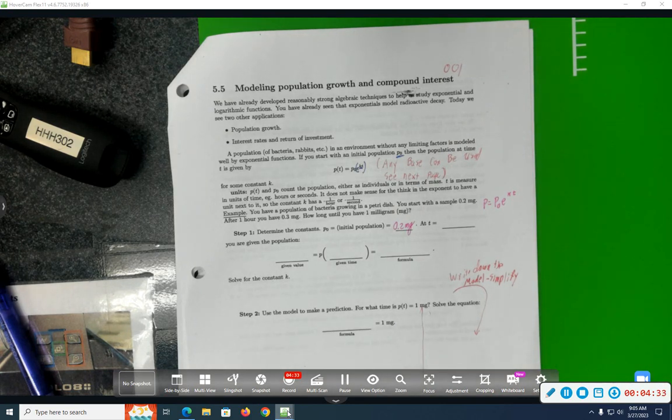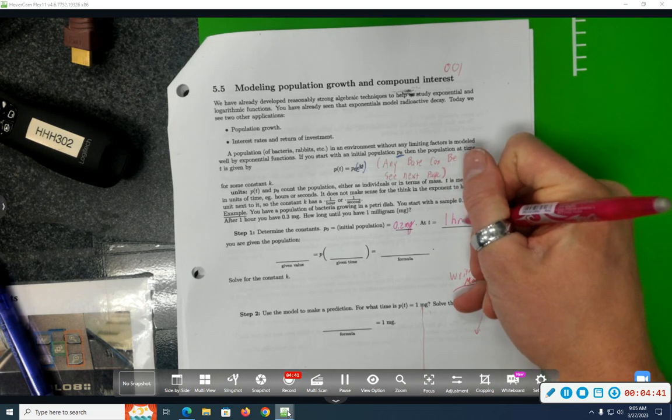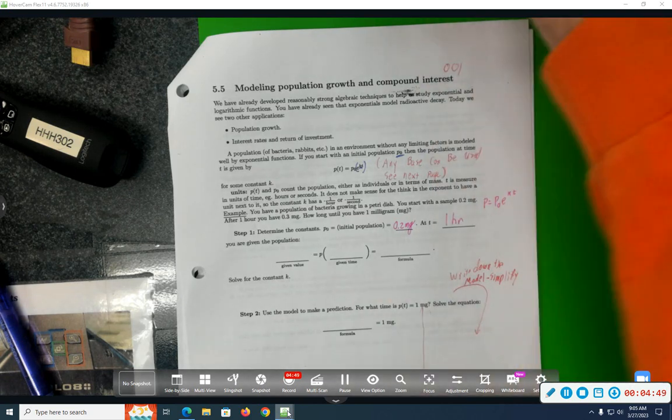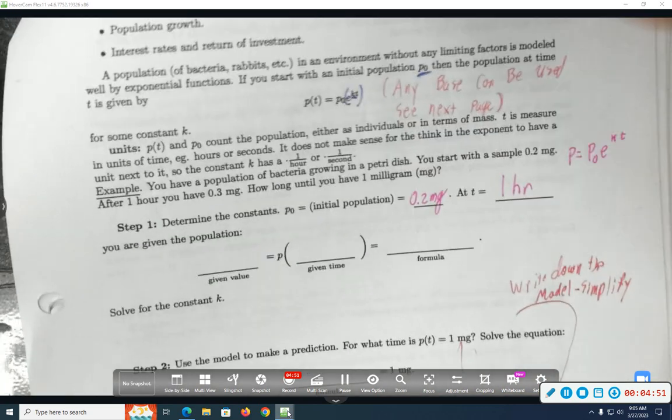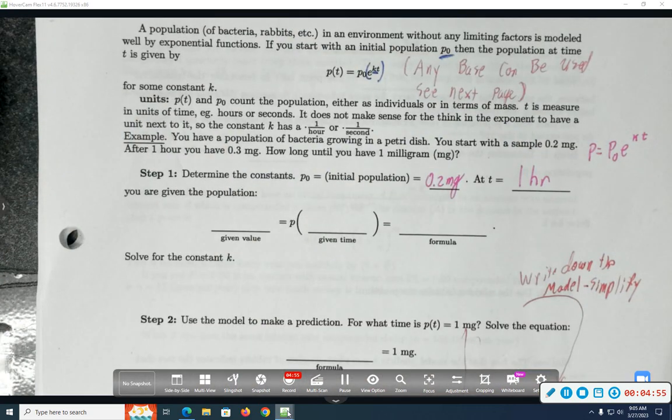At some time, we were also given the population. So after 1 hour, so at t equals 1 hour, you know what the population is. What's the population at that time? Better? Excellent.